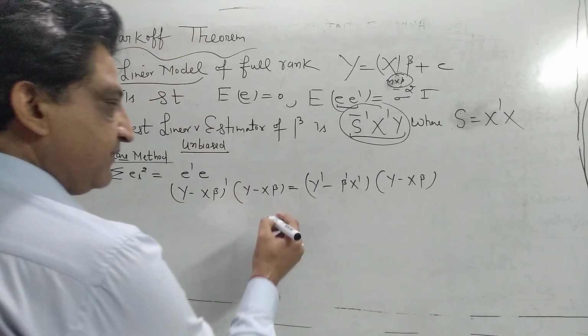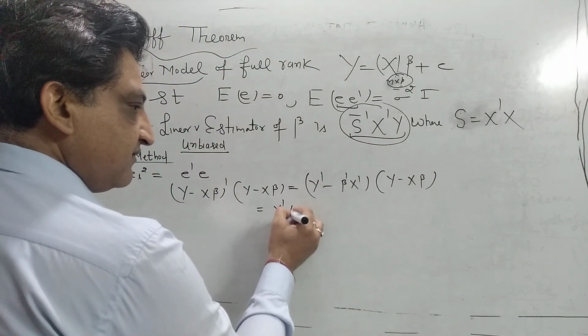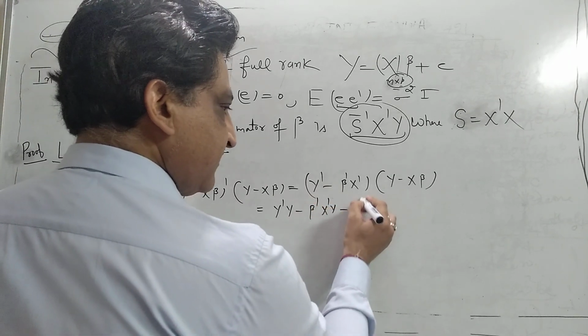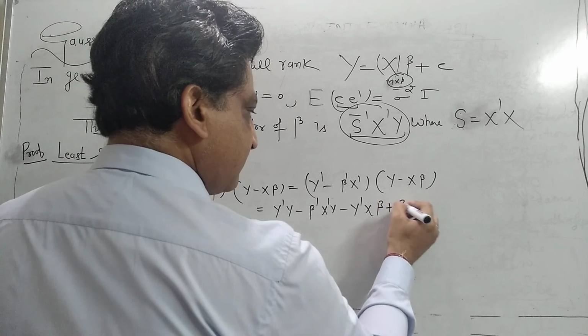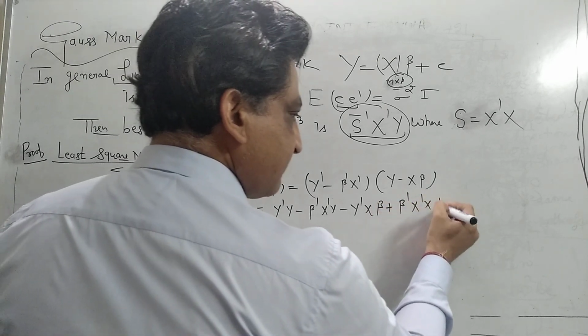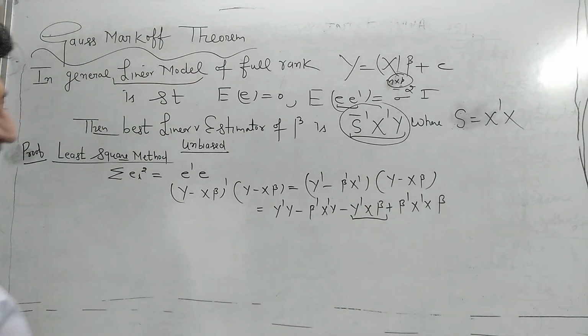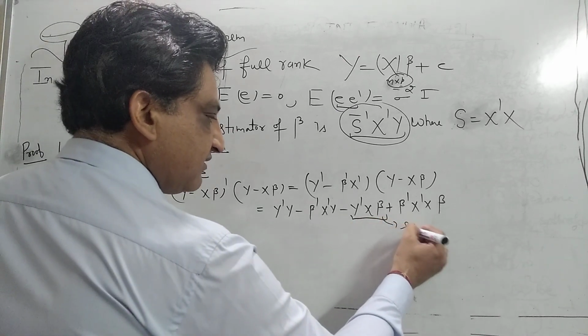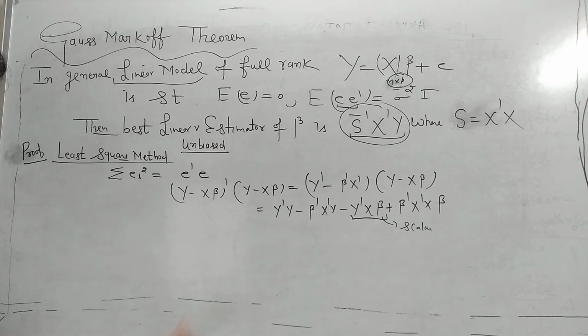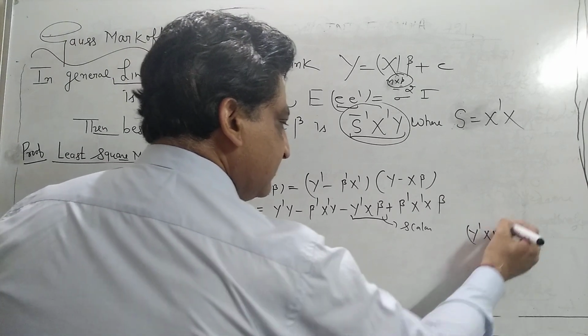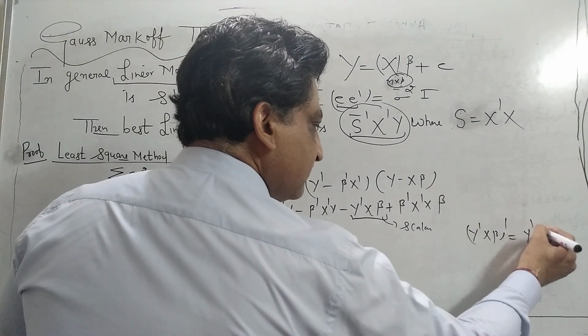When we multiply these, now if you look at this, y'Xβ is some scalar, and the transpose of this is equal to itself. If I take (y'Xβ) transpose, it will be equal to β'X'y, which is equal to y'Xβ. Since this is a scalar, the transpose equals itself, so y'Xβ is the same as β'X'y.